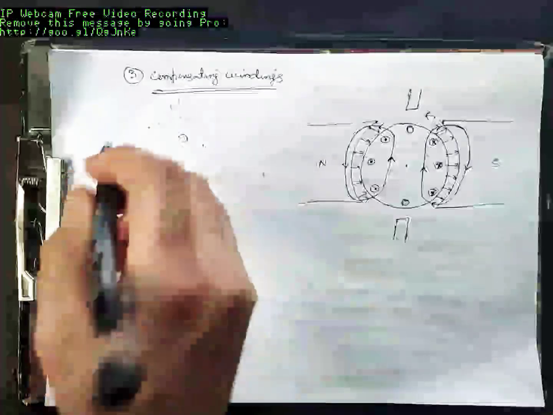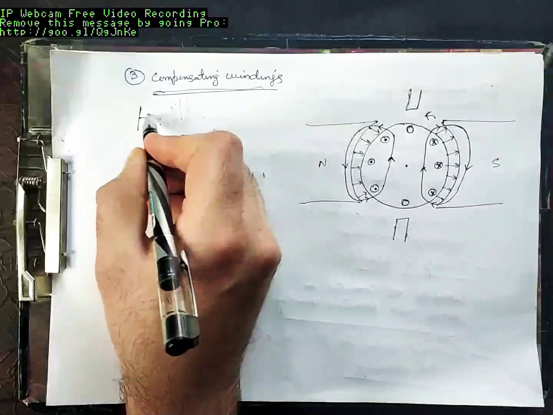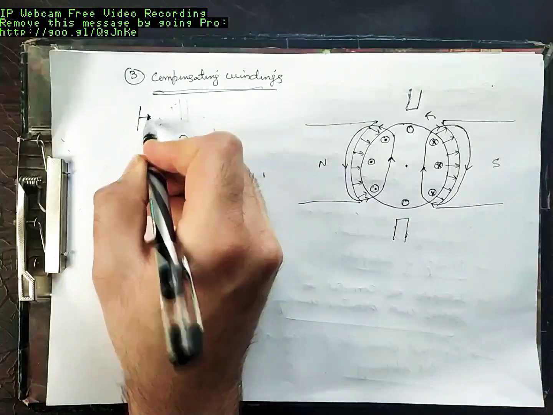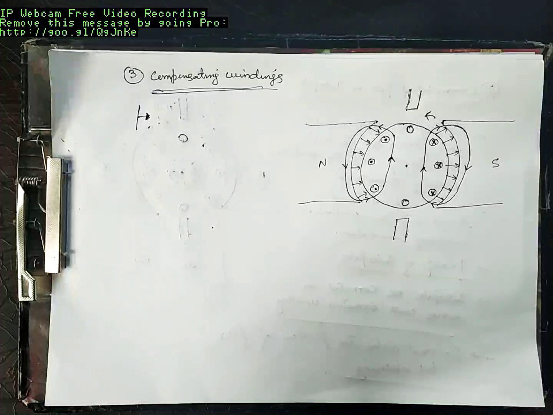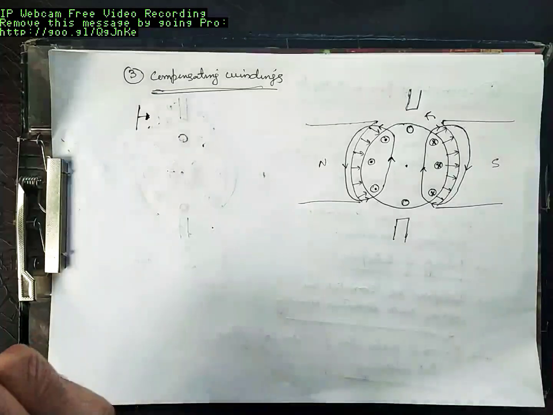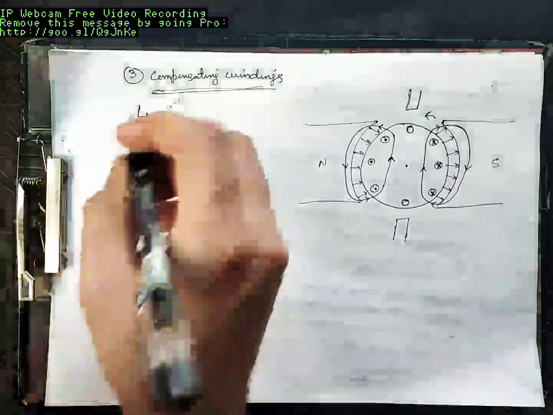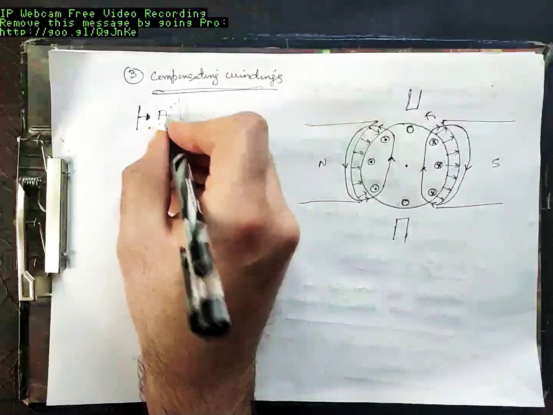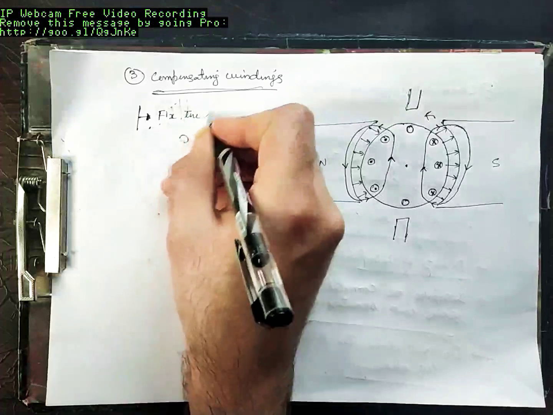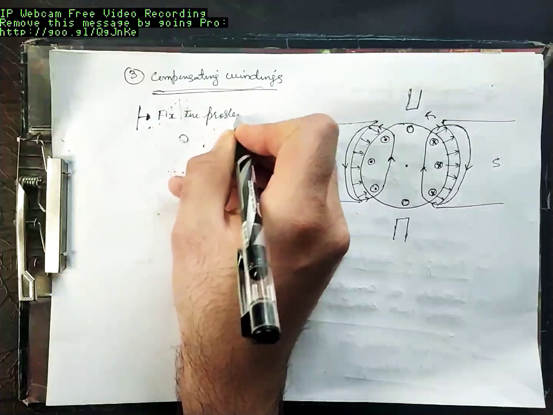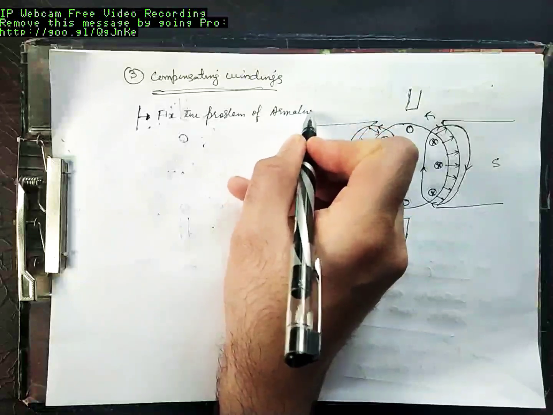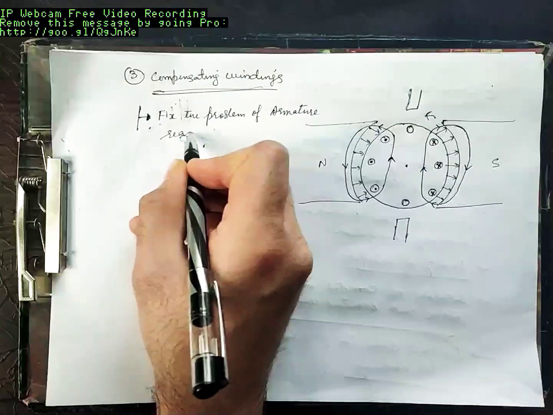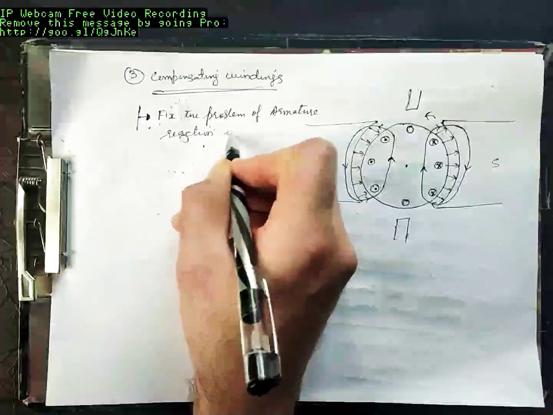What do compensating windings do? They do not go for cosmetic treatments. They solve the problem at its core. What they basically do is fix the problem of armature reaction itself.